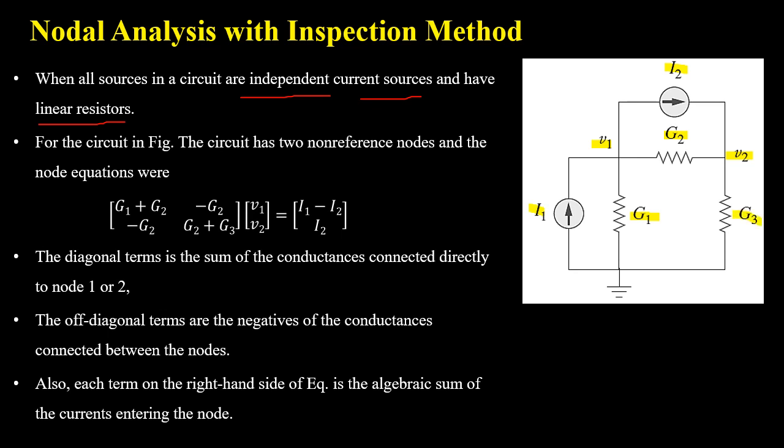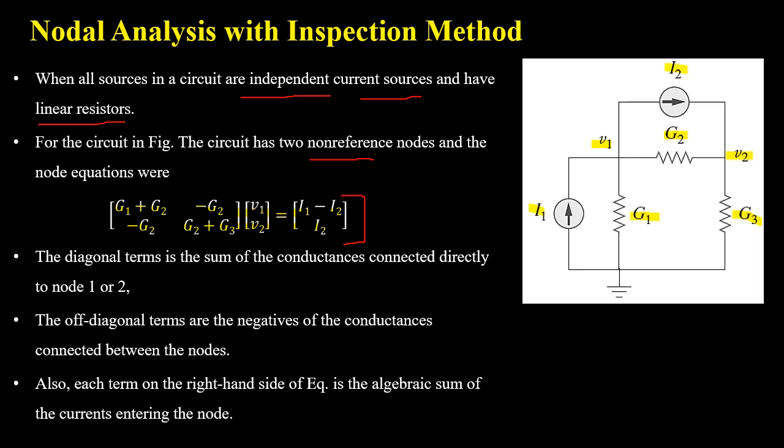Now from the topic of nodal analysis, we know that the equations for this circuit are: (G1 plus G2) times V1 minus G2 times V2 will be equal to I1 minus I2. This will be the first equation. And minus G2 V1 plus (G2 plus G3) multiplied by V2 will be equal to I2, and this will be the second equation.